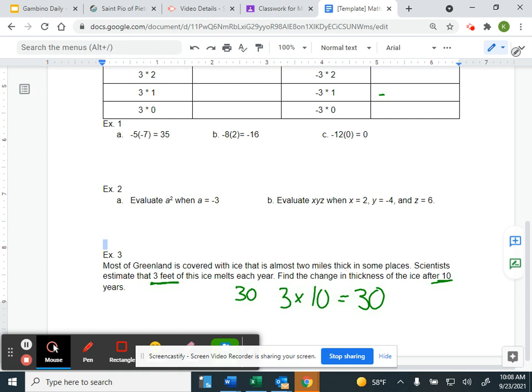I don't understand. So how do we know if it's going to be a negative or a positive? Nick, it's a positive. Why? Because I wrote down a positive 3 because that's what Will told me.